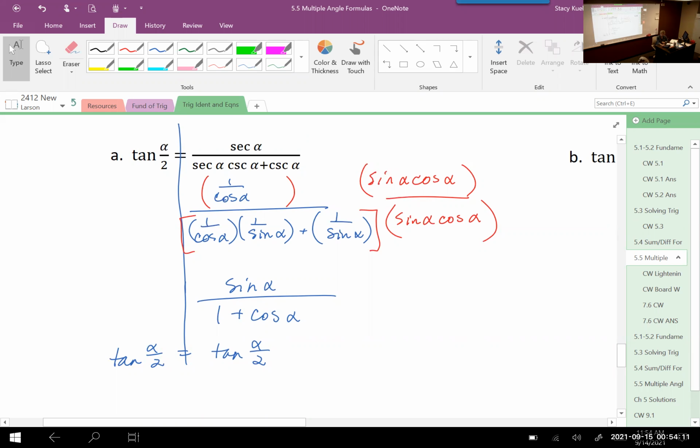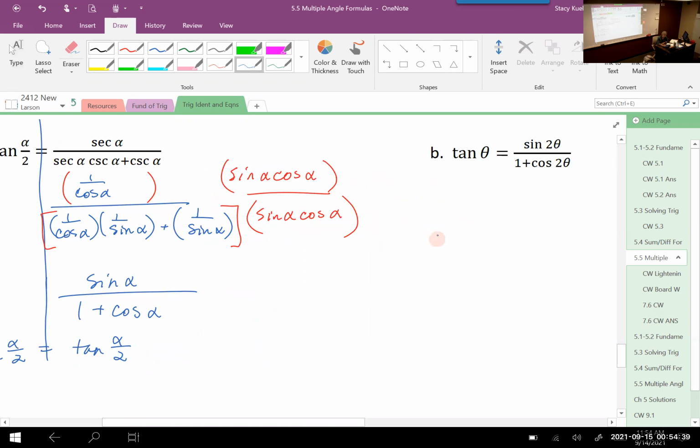Question, King? Yes. Another dumb question, but how exactly did the 1 over sine x multiplied by that equal cosine? Tangent is equal to sine over cosine. Like, how did this times this equal this? That's the same thing as if I were to say 1 over sine x times sine x cosine x over 1.